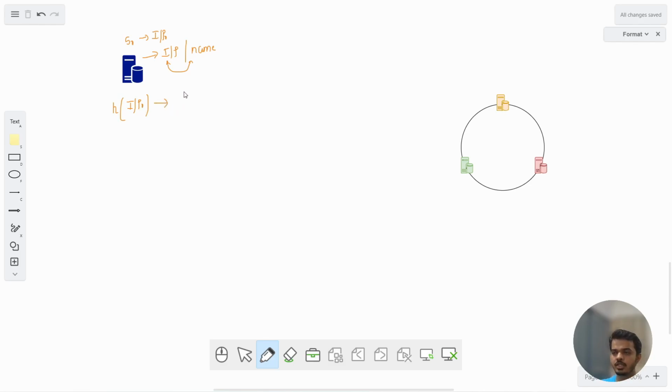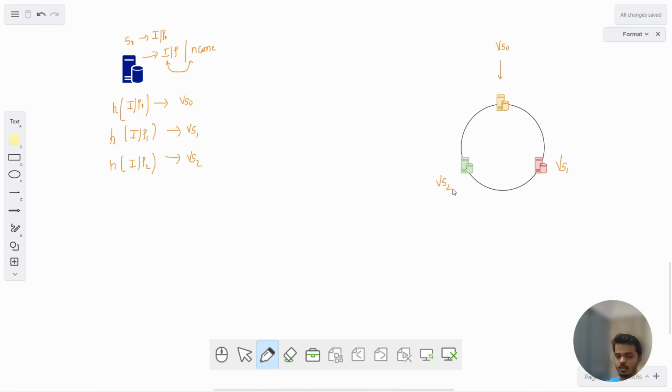Let's say its value is VS0, and let's consider VS0 is present at this position on our hash ring. Now let's say our system has 3 servers. So similarly, using IPs, we will get values for S1 and S2. Let's say VS1 is here and VS2 is here.